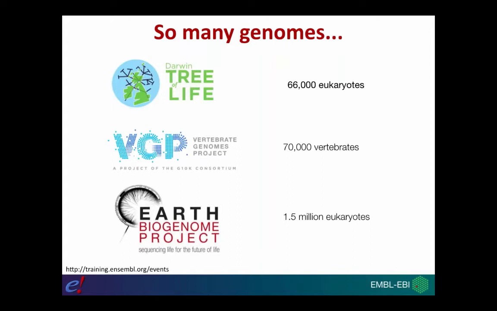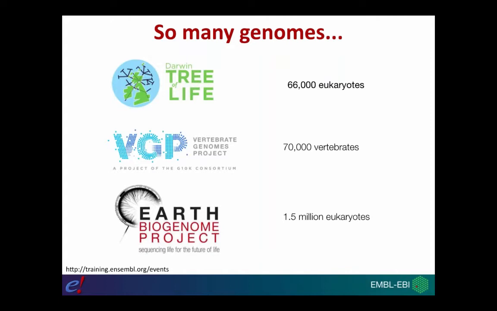That's aiming to sequence the genome of every single vertebrate species on the planet. So that's around about 70,000 species that are going to have their genomes sequenced and then hopefully loaded into the Ensembl databases. And then there's the Earth BioGenome Project, which is aiming to sequence 1.5 million eukaryote species around the world.